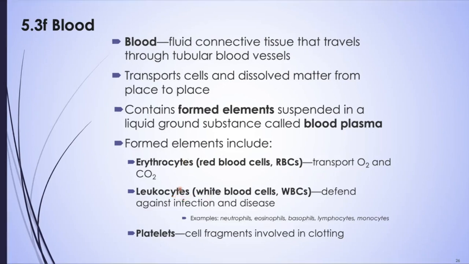Please make sure you are familiar with these new names, okay? Those leukocytes help defend against infection. Remember, I had told you a few slides back, there were more leukocytes than they put on that last slide. We have neutrophils, eosinophils, basophils, lymphocytes, and monocytes. Platelets are cell fragments, and those cell fragments are essential in blood clotting.